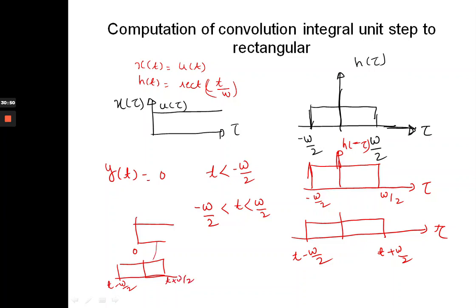If you take the product of these two, then this will start from 0 to t plus w by 2. Overlapping area will be from this, means lower limit will be 0 and upper limit will be t plus w by 2. Hence we will write y of t equals 0 to t plus w by 2 into 1 into 1 d tau, because the magnitude is 1. And after solving this, we are getting t plus w by 2.